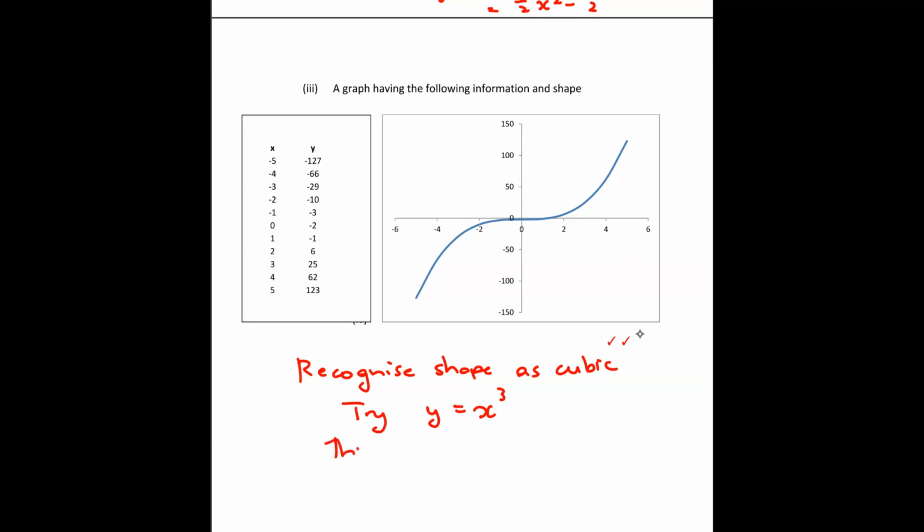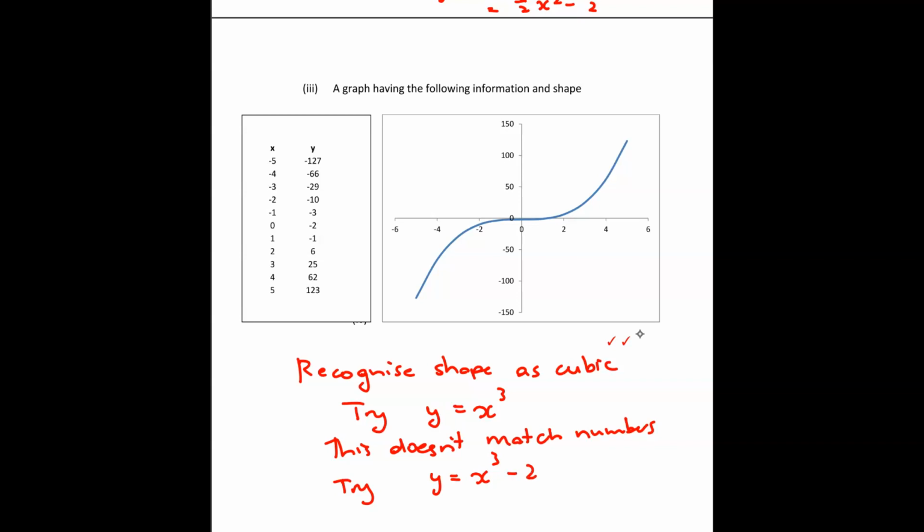Okay, this doesn't match the numbers that you're given. So have a look where it says if x is 0, y is negative 2. So maybe try y equals x cubed minus 2, and then look at another pair of numbers.